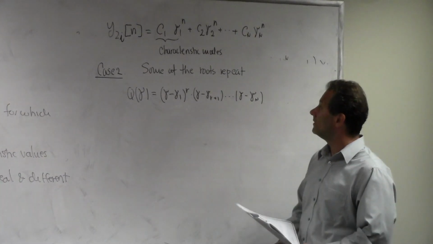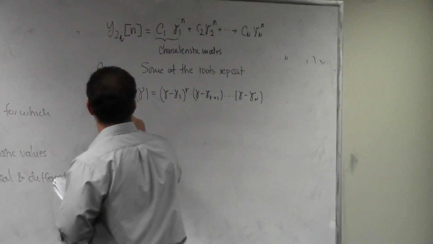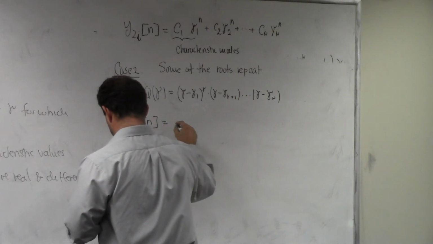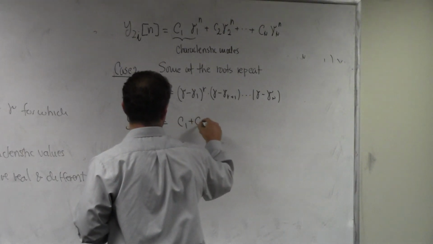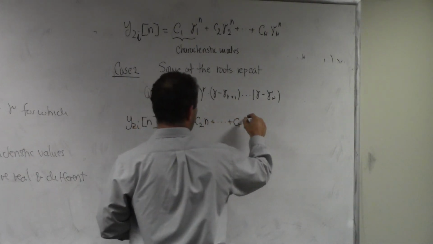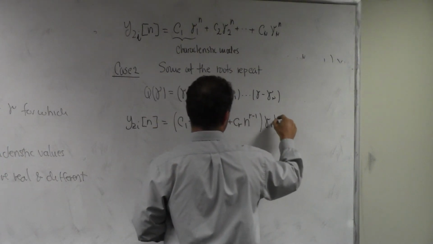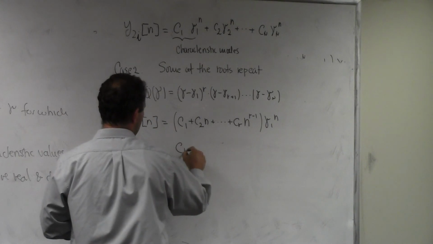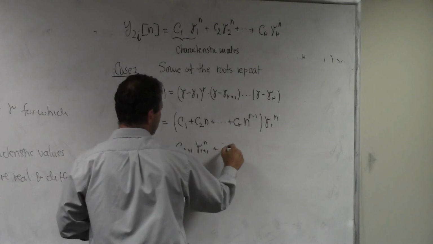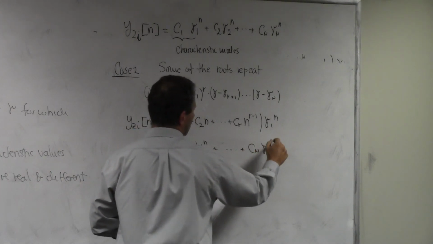If that's the form of your characteristic polynomial, then your zero input response is in the form (C1 plus C2 n plus and so on, Cr n to the r minus 1) gamma 1 to the n, and then you have C r plus 1 gamma r plus 1 to the n, plus Cn gamma n to the n.